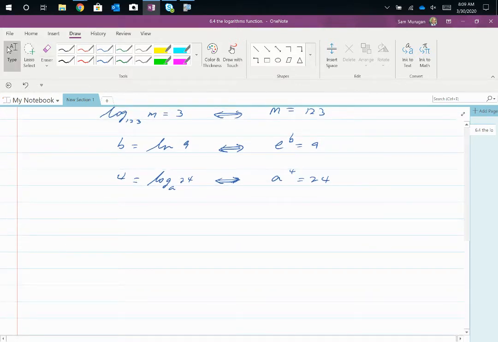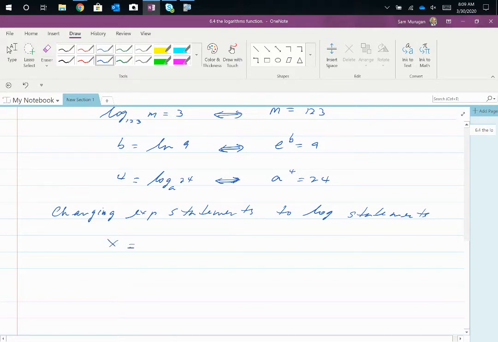And then changing exponential statements to log statements. x is equal to a to the power y if and only if y is equal to log base a of x.